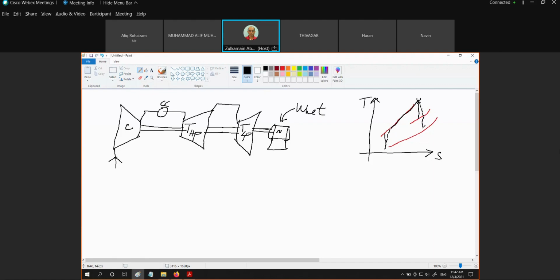Then we go through the second expansion process in the second turbine, which is the low pressure turbine. With the numbering, this is 1, 2S, 2, 3, 4S, 4, 5S, 5. This schematic diagram gives us the TS diagram as I have sketched.